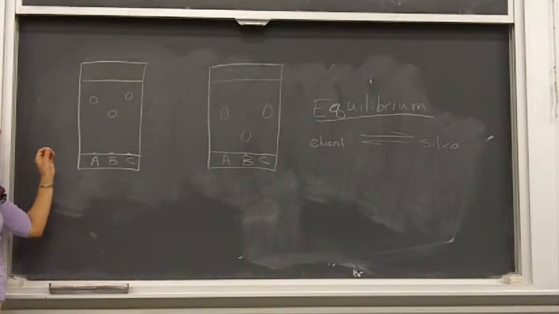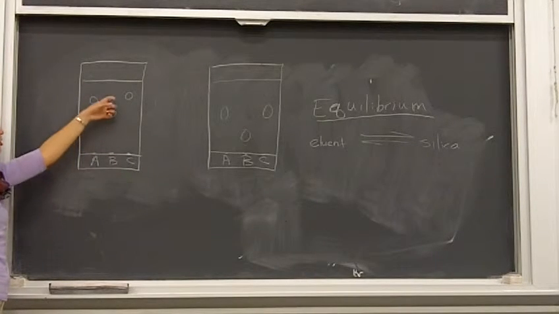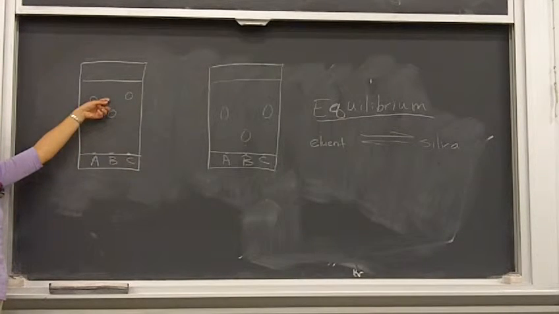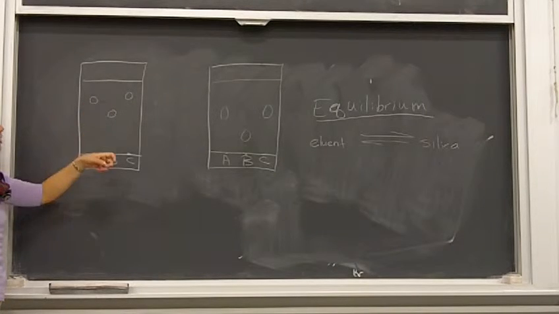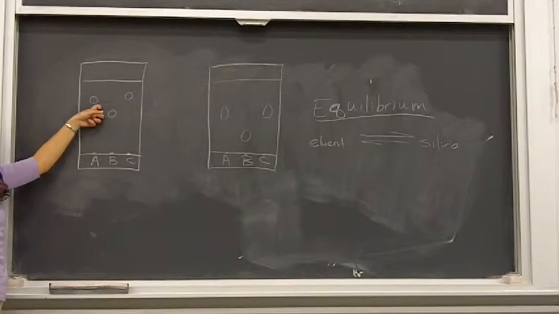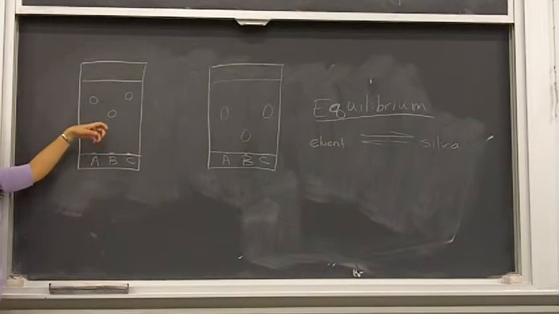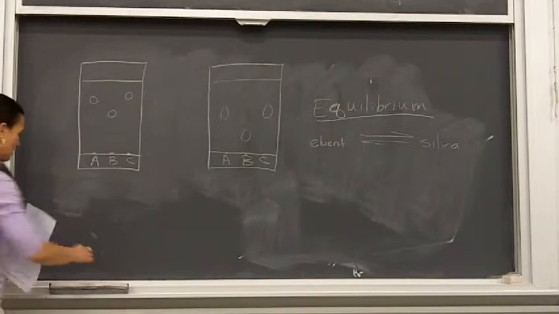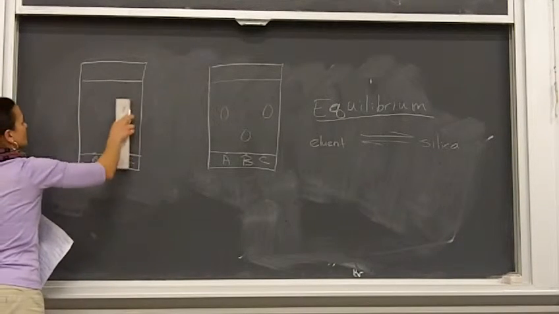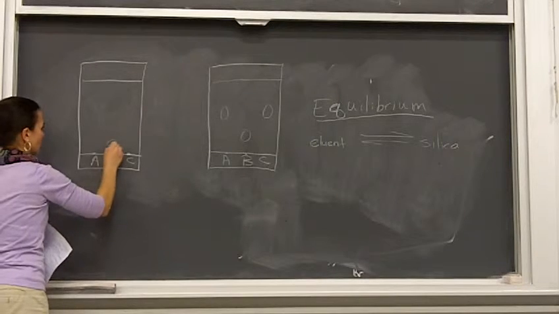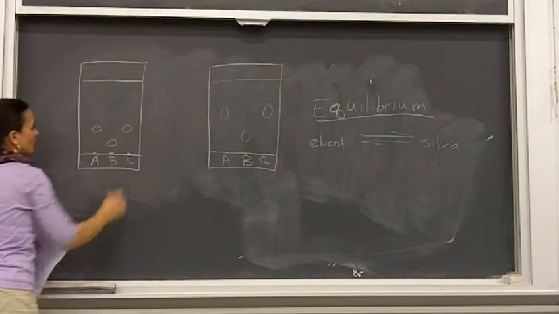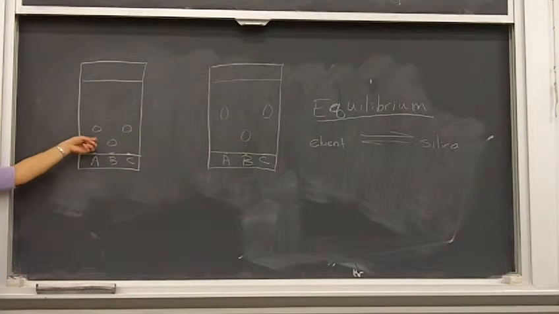So if you want how far the spots travel to go higher up the plate, you want a more polar eluent. If you want them to travel less far, then you have a less polar eluent. So that's how you manipulate the polarity of the solvent.